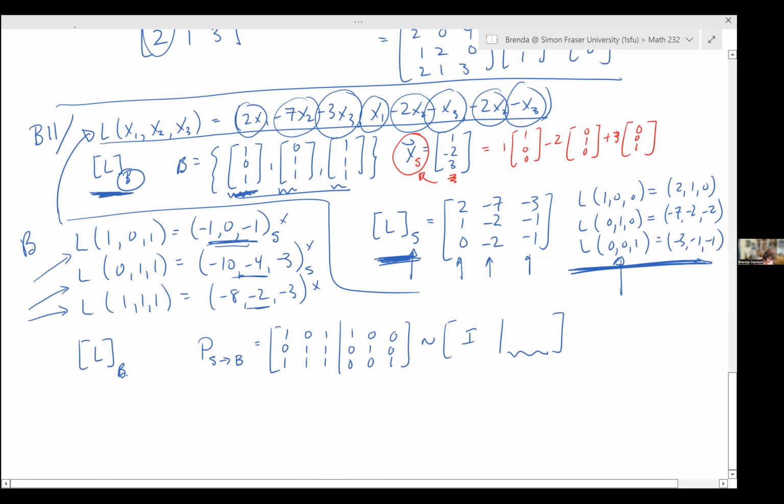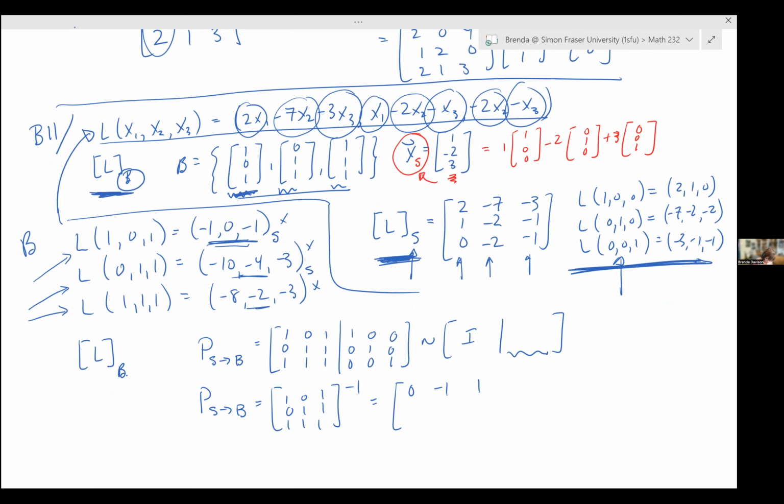So actually what I'm looking for is that this matrix here will be the inverse of this. And I have computed that already. You need to know how to compute an inverse of a 3x3 matrix. You do that by row reducing. Okay, I got that there.